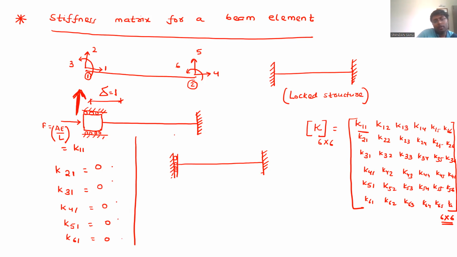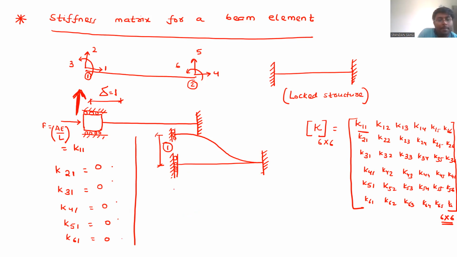Now you need unit displacement like this. So the beam will try to take this type of deformed shape, and here this will be unity.